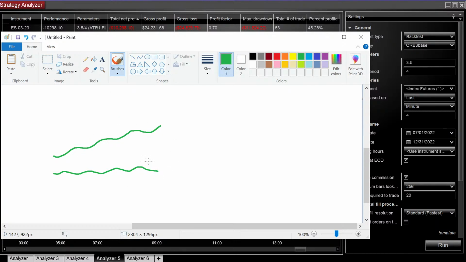When you combine these equity curves, your portfolio curve will still pretty much look how the ORB looks. This won't be as volatile as the ORB, so you get a more stable, very steady growth on the equity curve.